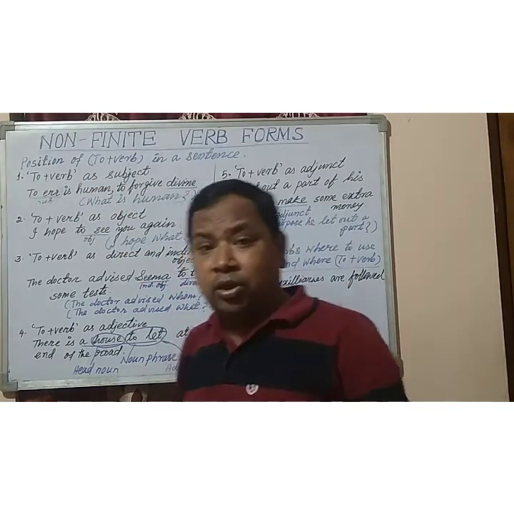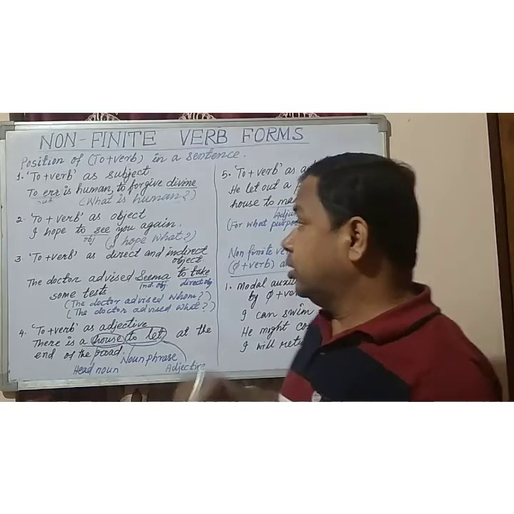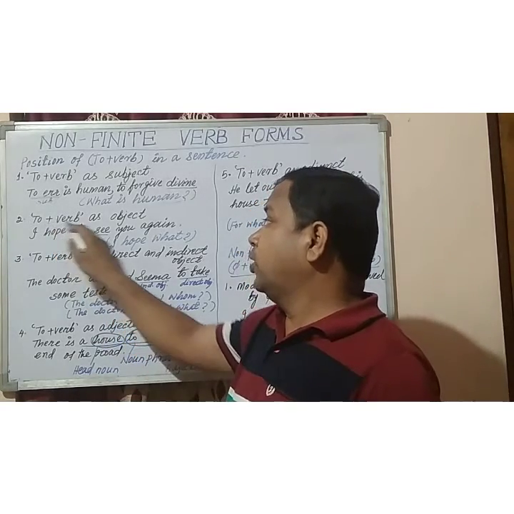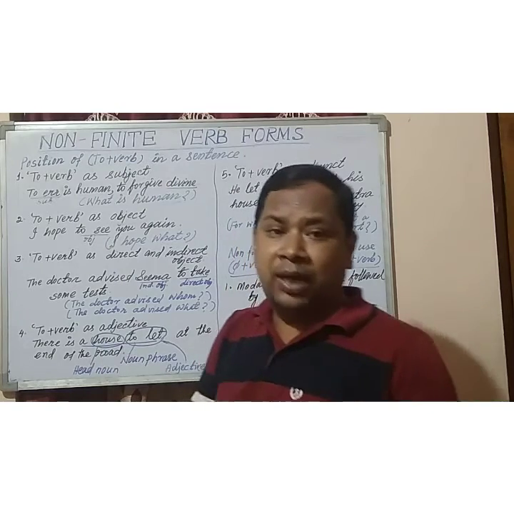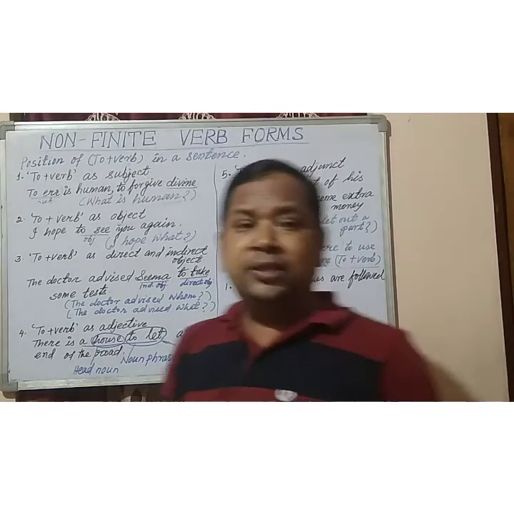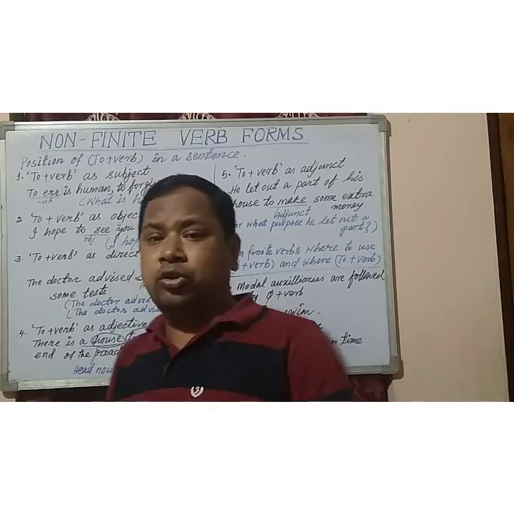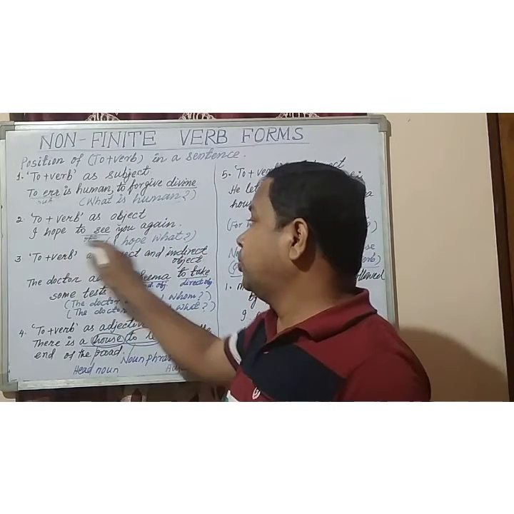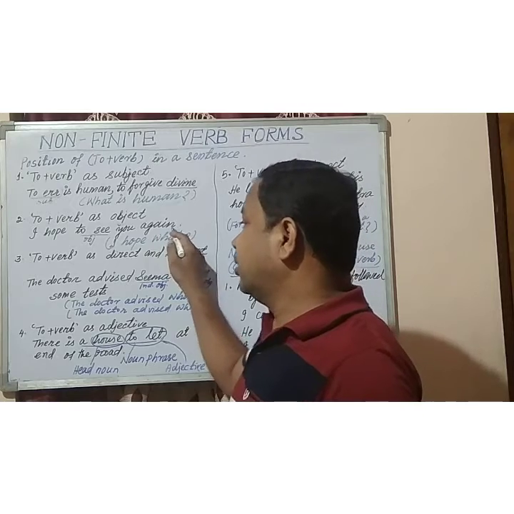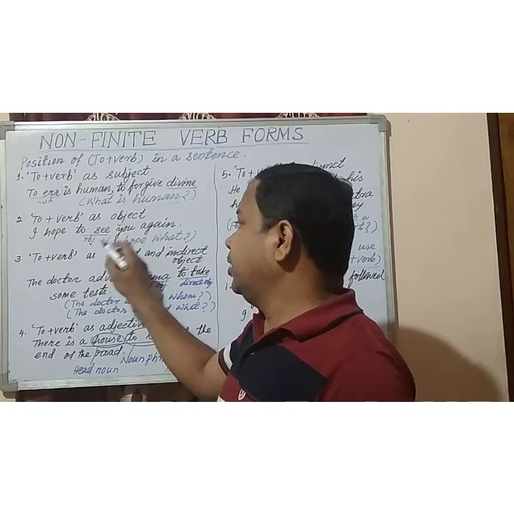Let us see what other use. The second use is to plus verb as object. That means we use to plus verb as object also. See the sentence: I hope to see you again. I hope to see.